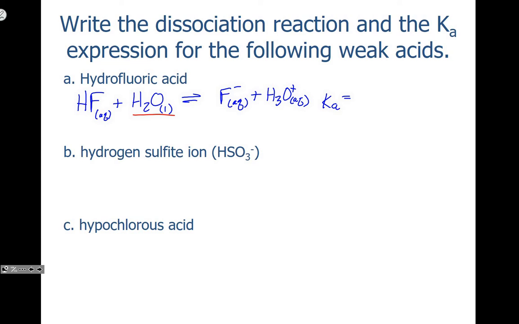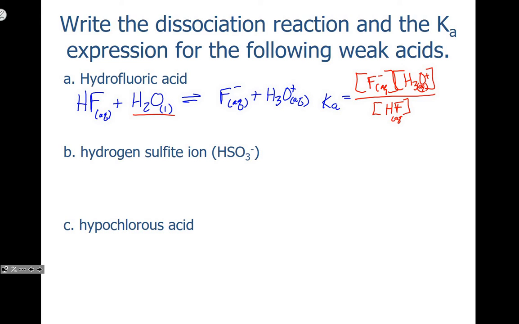So I'm going to take products, concentration of F minus, AQ, times the concentration of hydronium ion, AQ. Since they're all ones, I don't need to worry about exponents, divided by the concentration of HF, AQ. Usually when we do the Ka, we drop the AQ because the concentration boxes mean molarity.